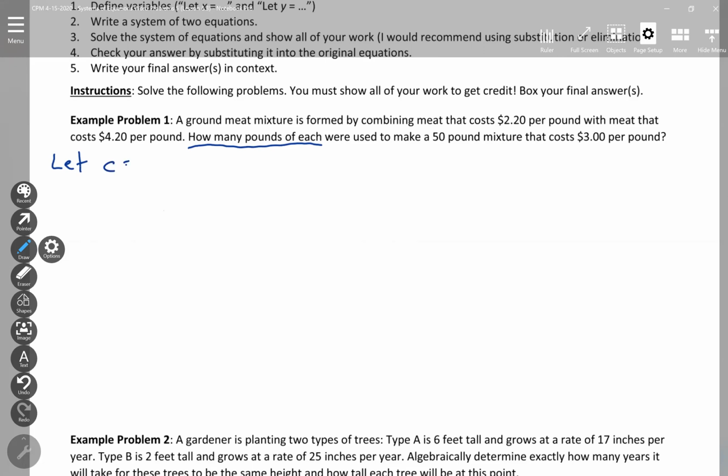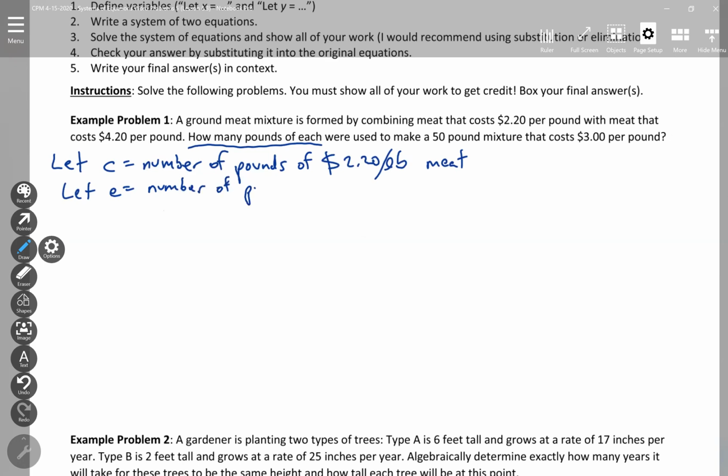Let C equal the number of pounds of $2.20 per pound meat. And then our other variable, let E equal the number of pounds of $4.20 per pound meat. So that's our first criteria for success.